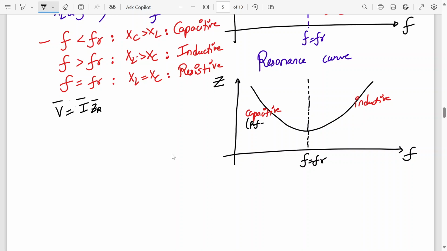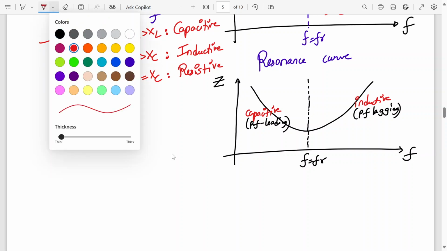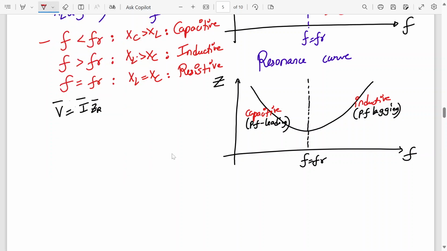Is it leading or lagging? Leading. And here the power factor is lagging. What about at F equal to FR? At the resonance point, what is my power factor? Yes, power factor becomes 1. Everywhere else it is leading or lagging. Correct?